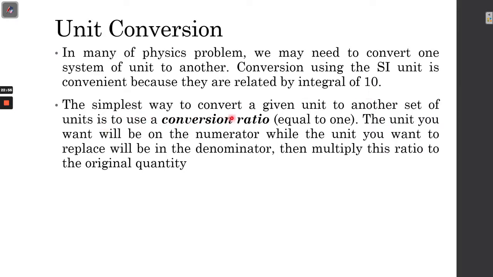The simplest way to convert a given unit to another unit is to use a conversion ratio, meaning equal to 1. The unit you want will always be in the numerator, so the new unit that you're trying to find will be in the numerator, while the unit you want to replace will be in the denominator, and it's usually in units of 1. Then multiply this ratio by the original quantity.